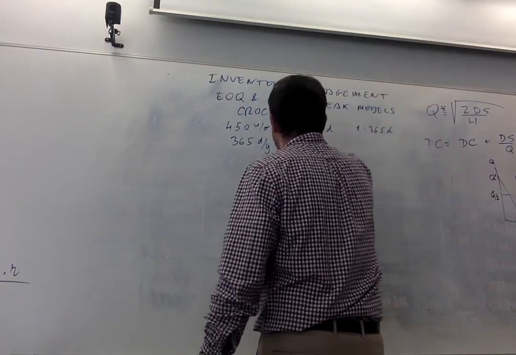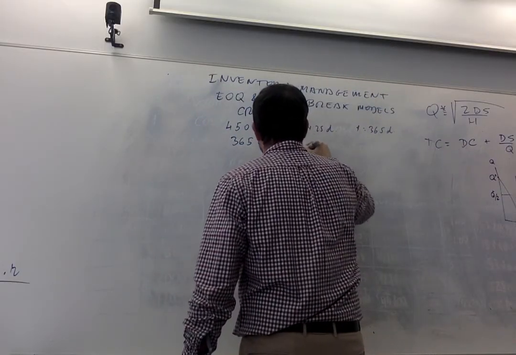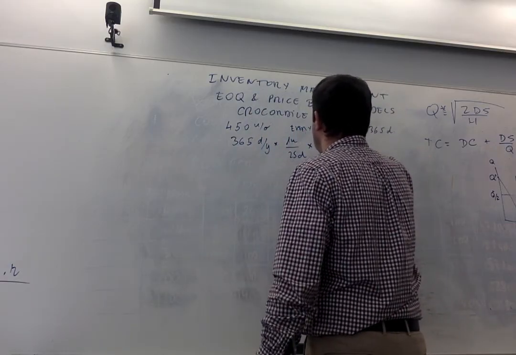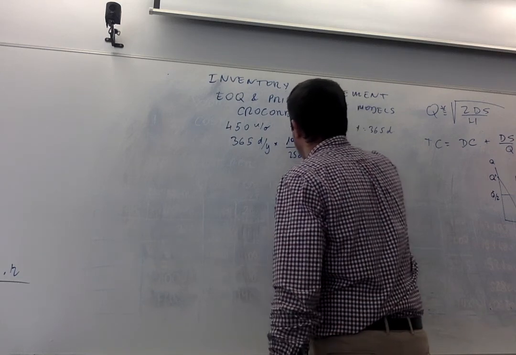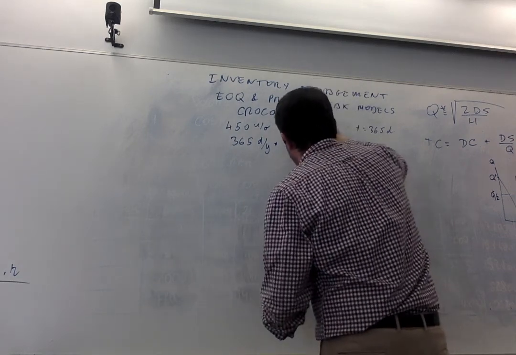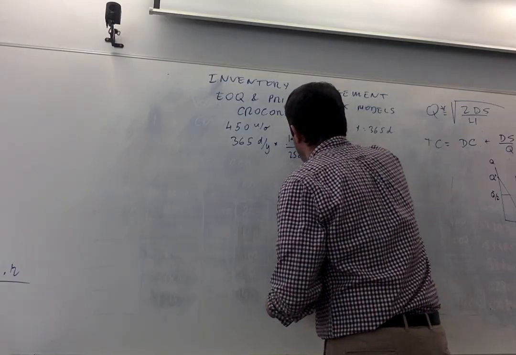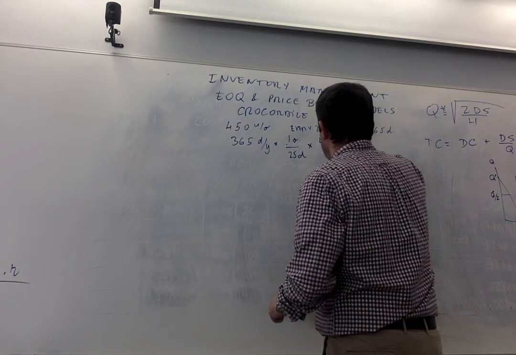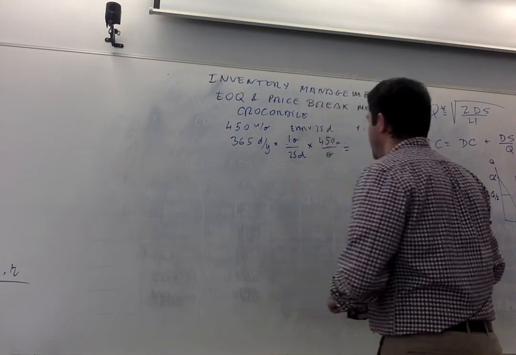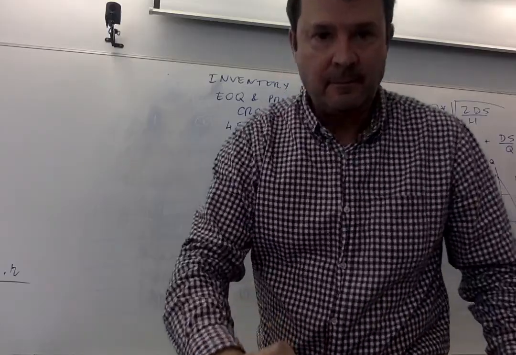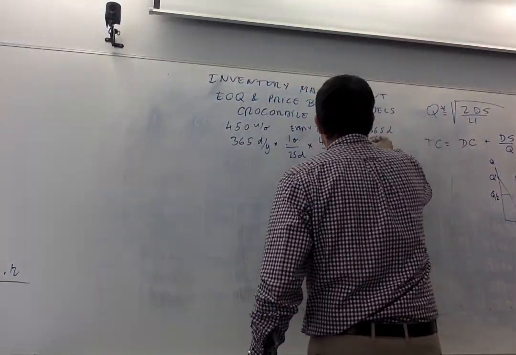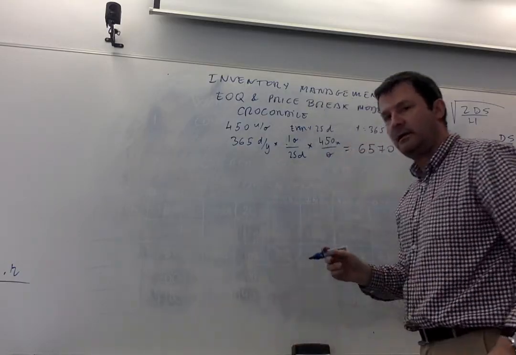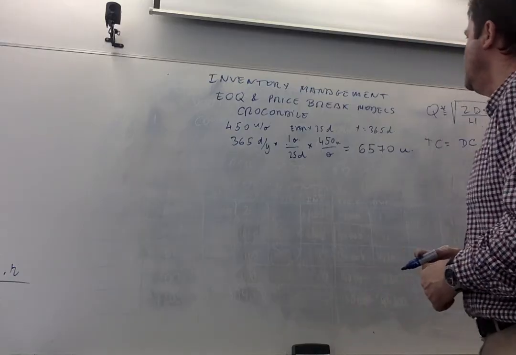We know that we have one order every 25 days, and it's 450 units per order. What you get is that the annual demand is 6,570 units.